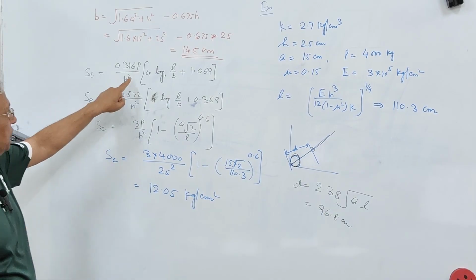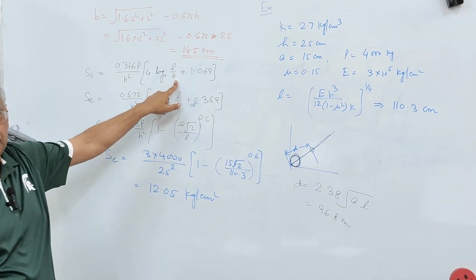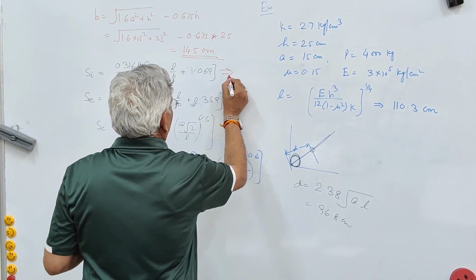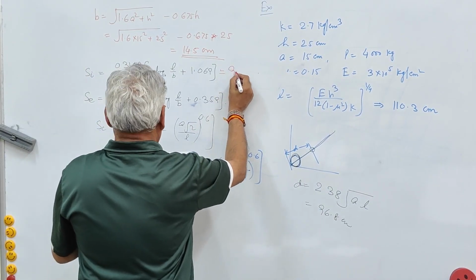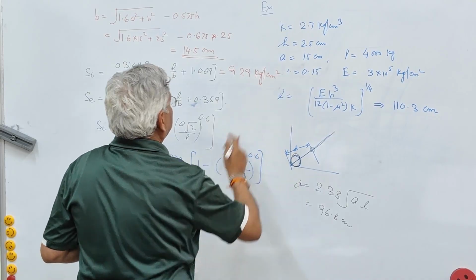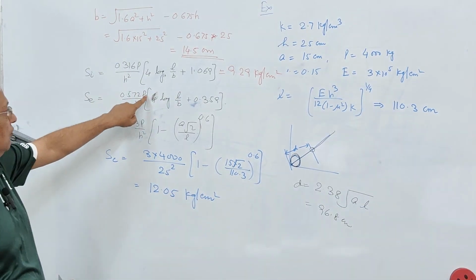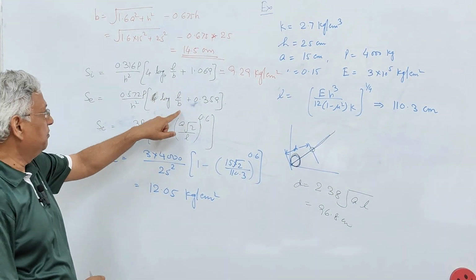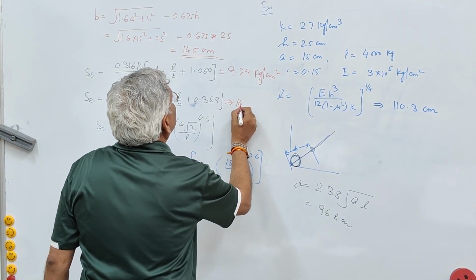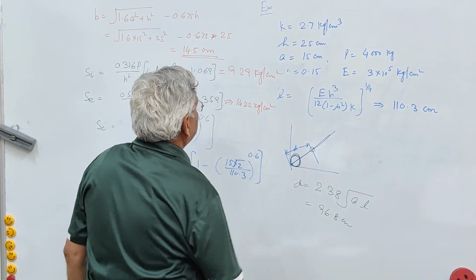Put value of P, H, L, B, all are known in this equation, and this will be equal to 9.29 kg per centimeter square. And similarly, for edge loading, put value of P, H, L, B in this equation, and this is 14.22 kg per centimeter square.